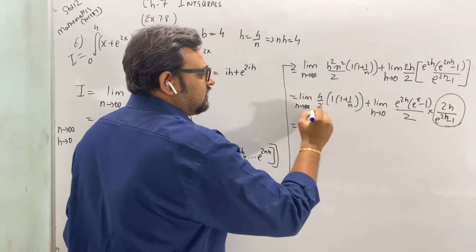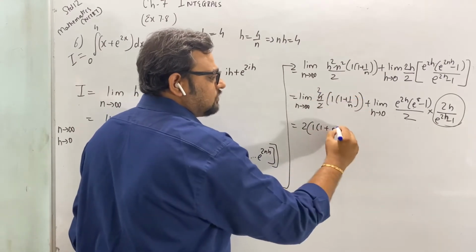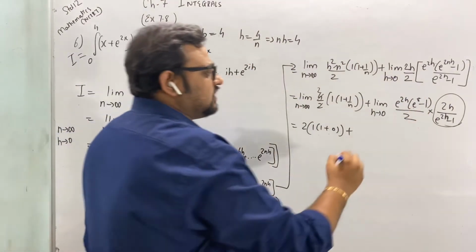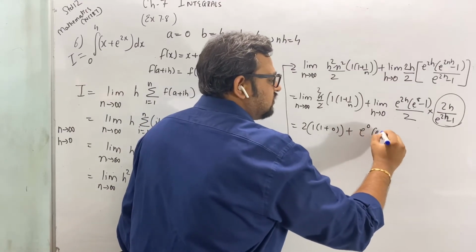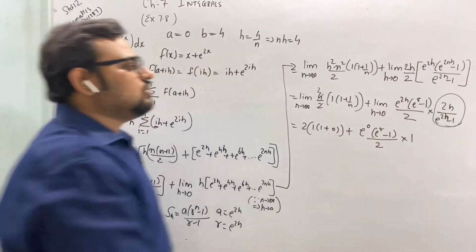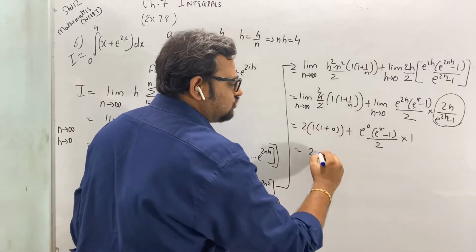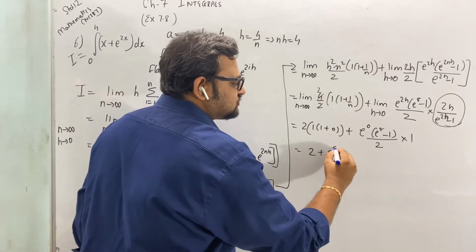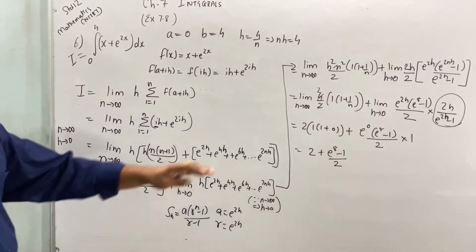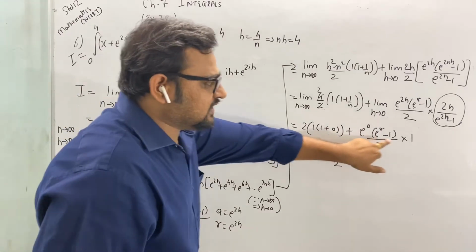So now just putting here 2, 1 plus 0 plus e raised to 2h, putting the value of h as 0, it will be e raised to 0, e raised to 8 minus 1 upon 2 into 1. Clear? So 2 into 1 into 1, 2 plus e raised to 8 minus 1 upon 2, because e raised to 0 is 1, and this is also 1.